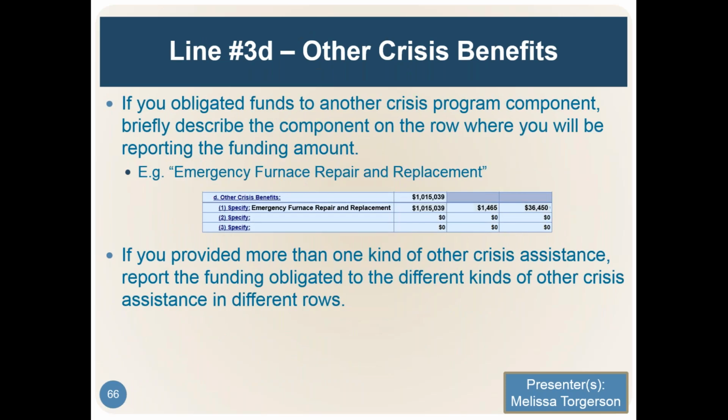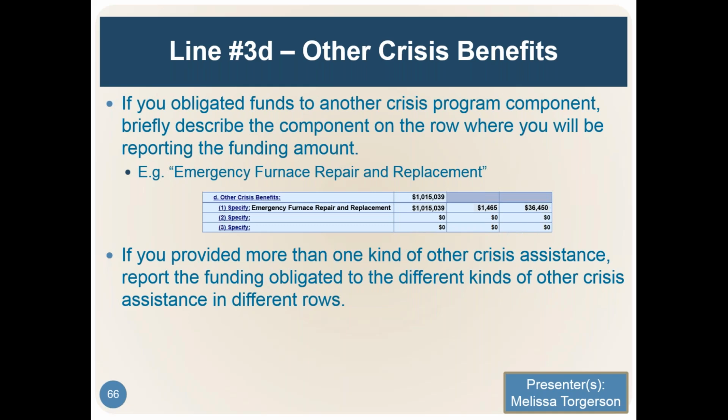If you do obligate funds to another crisis program component, we'd like you to briefly describe the component where you'll be reporting the amount. So, you know, some of you have unusual names, or even just acronyms. For example, in West Virginia, I think you have the HEAP program, so heating equipment emergency repair, something like that.